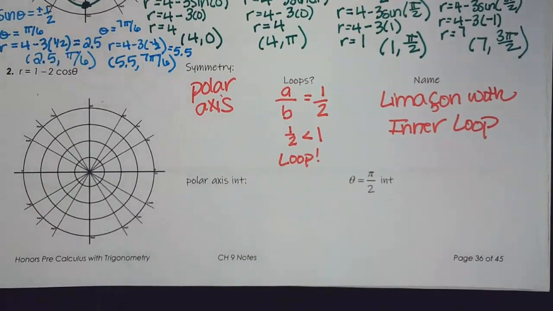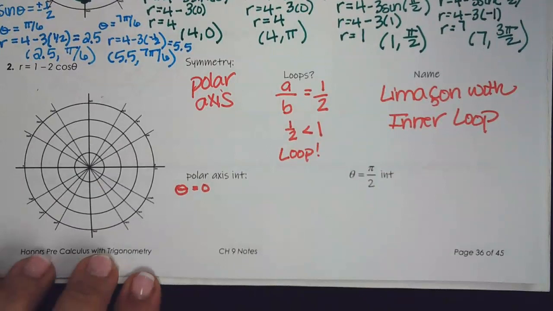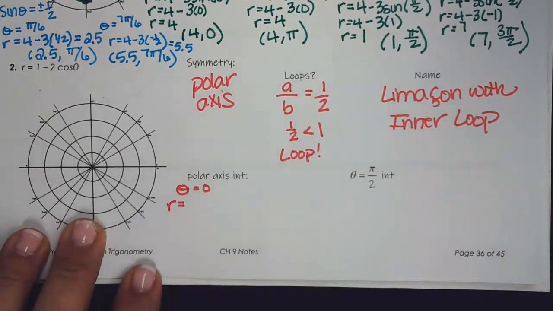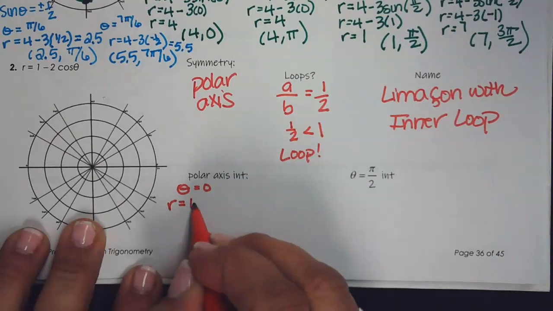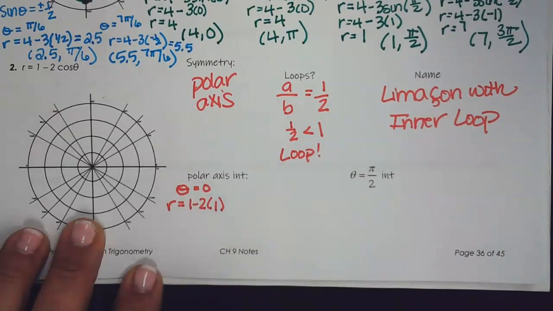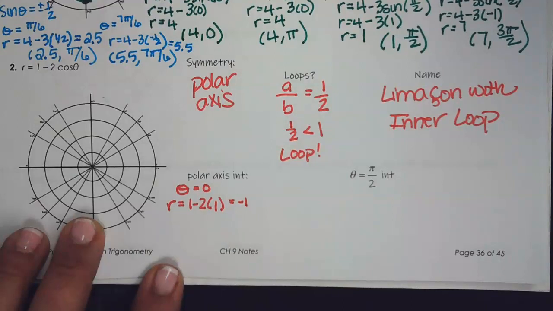All right, so just like we did in the other question, let's find our polar axis intercepts. So that's going to be when theta equals 0. And so again, instead of writing cosine of 0, I'll just put what that is. So I'm going to take 1 minus 2 times the cosine of 0. What is the cosine of 0? 1. So 1 minus 2 times 1 gives me -1.